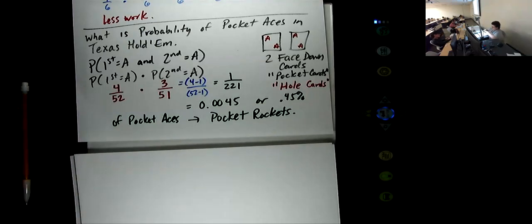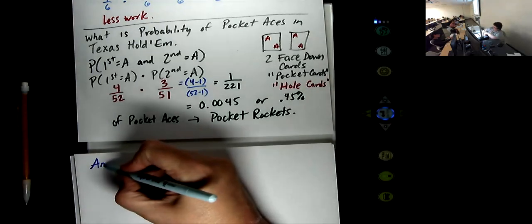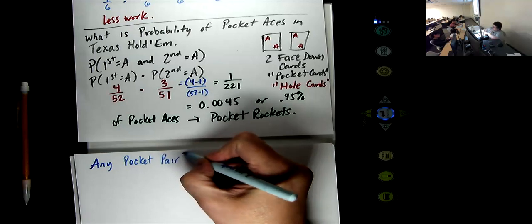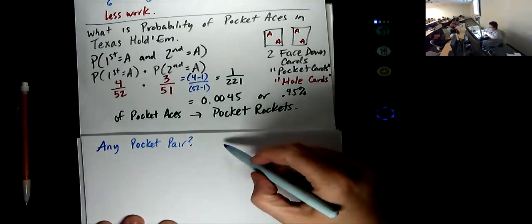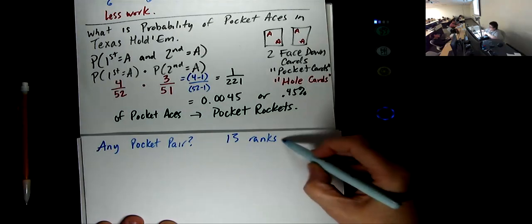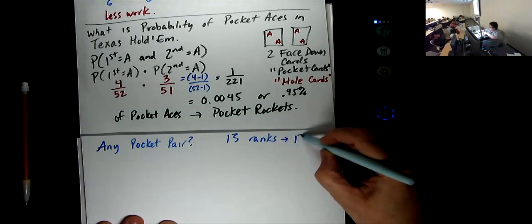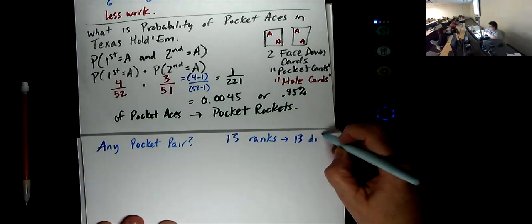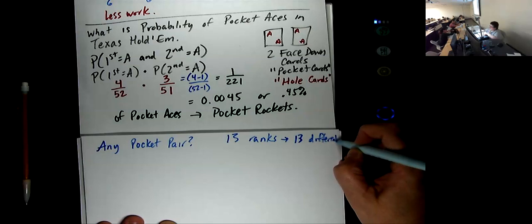What if you just want any pocket pair? Any pocket pair is good. There are 13 ranks, so there are 13 different ranks of pocket pairs.